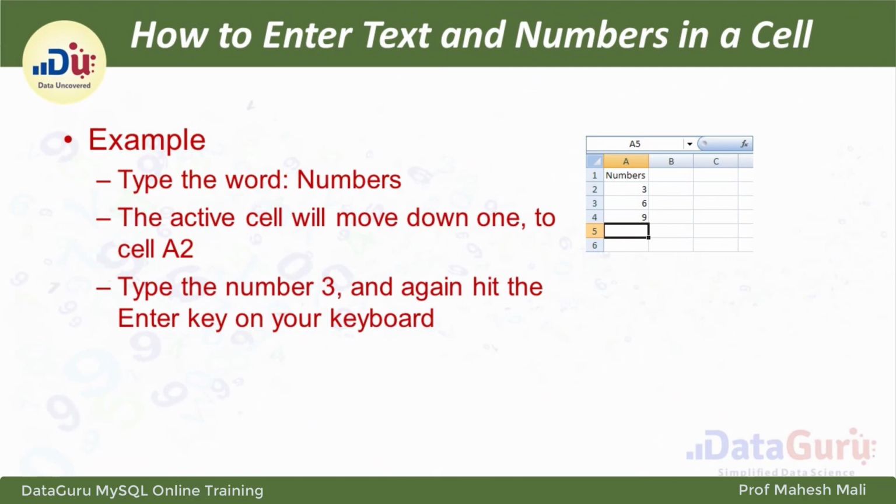Next is entering text and numbers in the cell. So now it's a very simple thing. First you need to go on to that particular cell as I showed you, and then I can simply enter letters from our keyboard, or we can enter numbers from our keyboard.